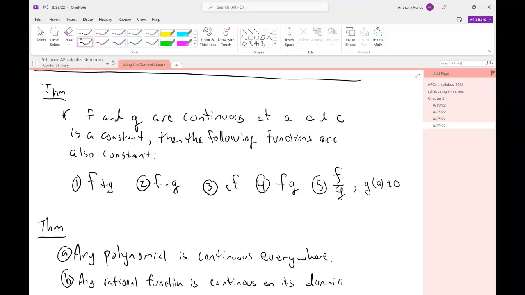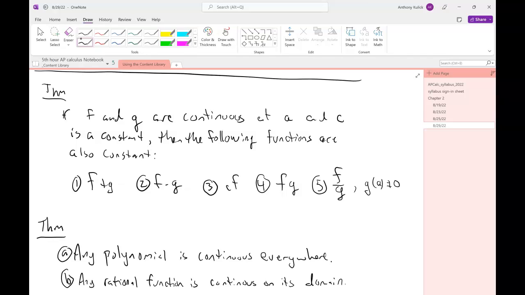It's continuous on the domain of the rational function, because that's the more restrictive environment. If I take two polynomials and multiply them together, the result is continuous everywhere. So you see how I can use these two theorems in conjunction to really say something quite powerful?